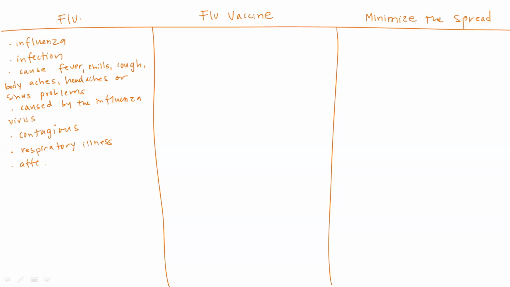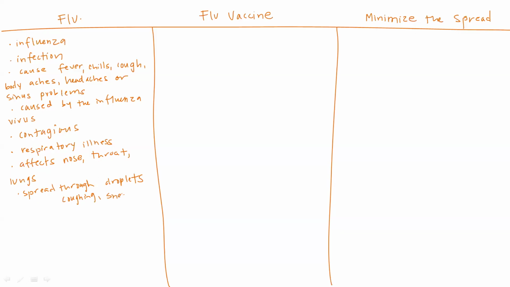It affects nose, throat, lungs, it spreads through droplets. And where would we get these droplets? From coughing, right?